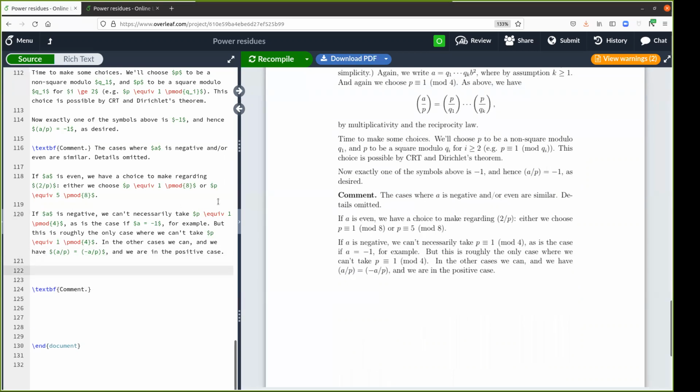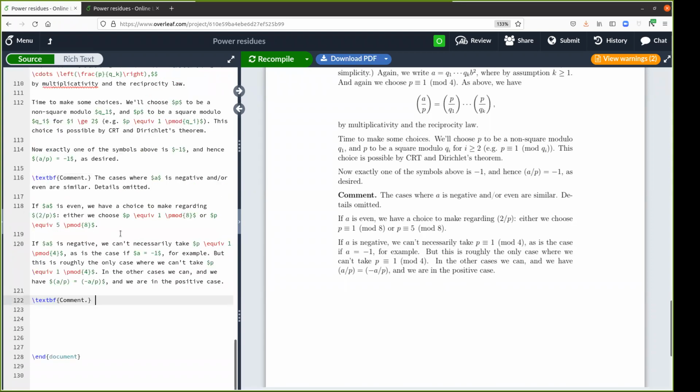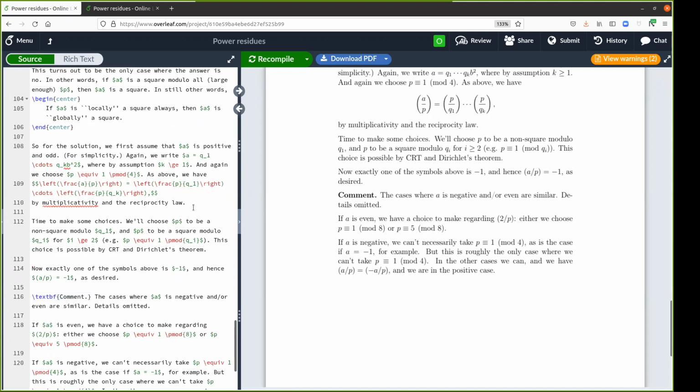Well, then we just take b equal to 3 modulo 4. And in general, if a is minus 1 times a square number, then we have to take b equal to 3 modulo 4. But that's the only case, and otherwise, we can use the proof I gave here.